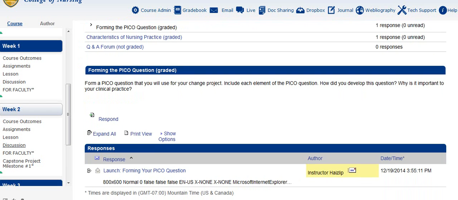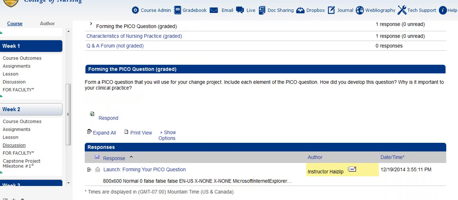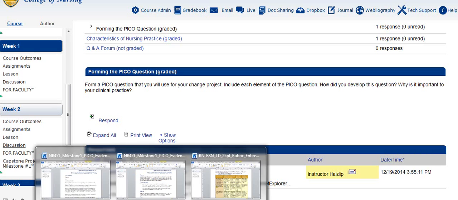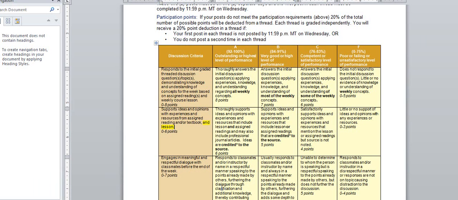Now, I do want to just mention again, let's see if I can pull this up for you. Just want to talk a little bit as you look at your discussion question this week. I noticed that a few of you lost some points, unfortunately, because you did not cite correctly.